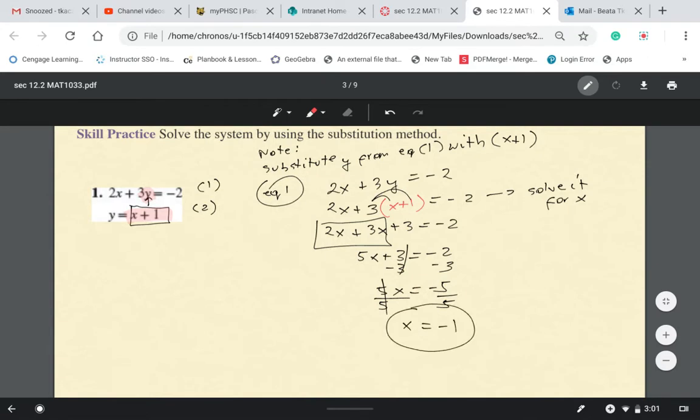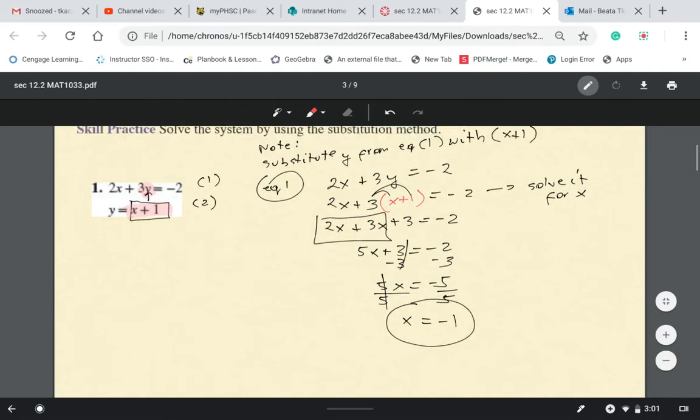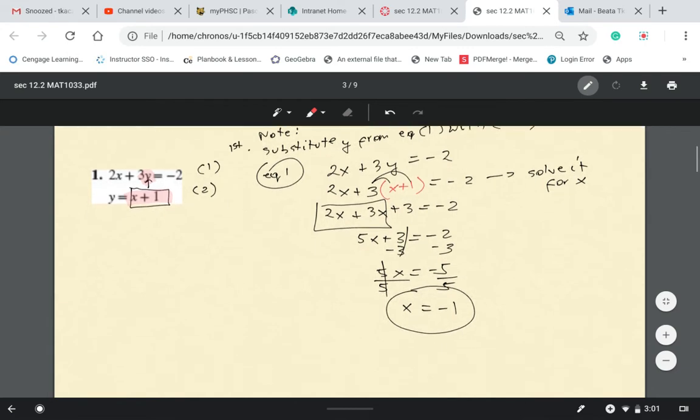So we know that this system will have a solution, which is one point of intersection, and we already know the x coordinate. So now when you have the x coordinate equal negative 1, so again, that was the first step. The second step will be substitute x from equation 2.